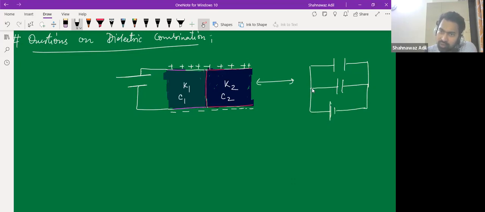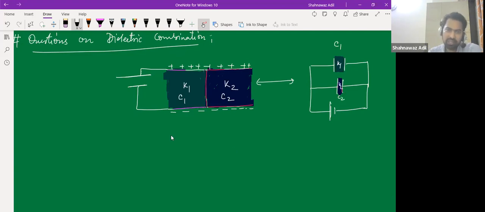This positive one is connected to this positive one, and then you have this dielectric. This is C1 with K1. This is C2 with K2.